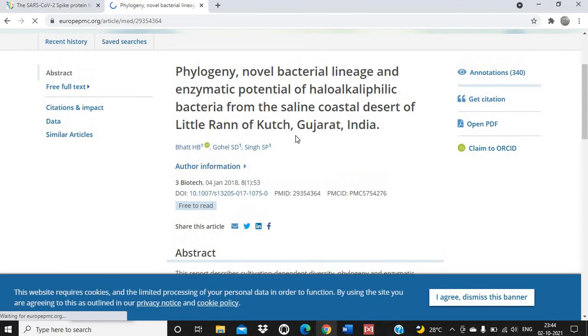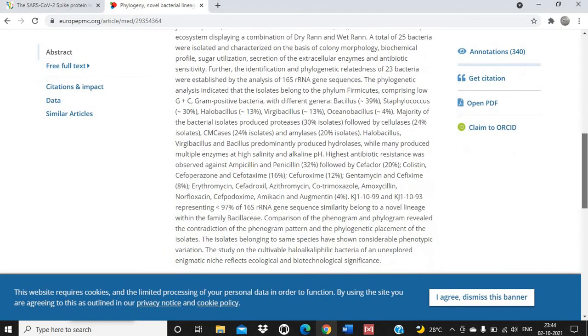So you can read such articles to understand the importance of the phylogenetic tree. Okay, so you see this novel bacterial lineage and enzymatic potential of the alkaliphilic bacteria from the saline coastal desert of Little Rann of Kutch, Gujarat.